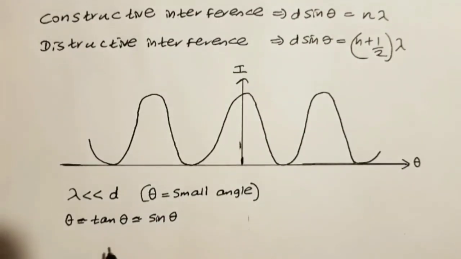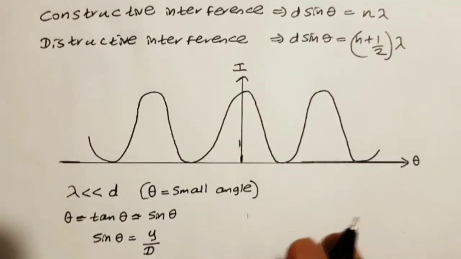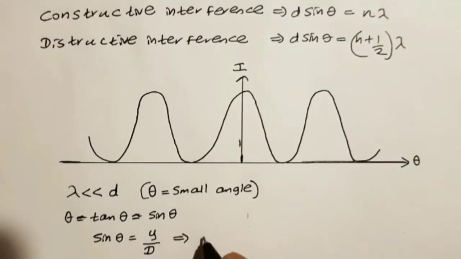So sin theta in this situation becomes simply y over capital D, where y is the distance between fringes, whereas D is the separation between the screen and the slits. So from this we can obtain that y is equal to D times sin theta.